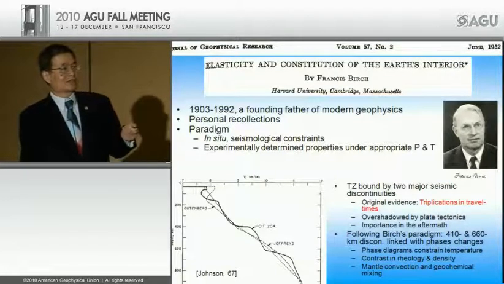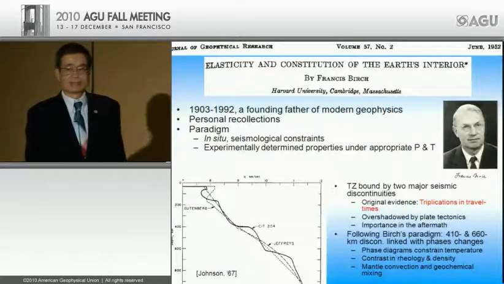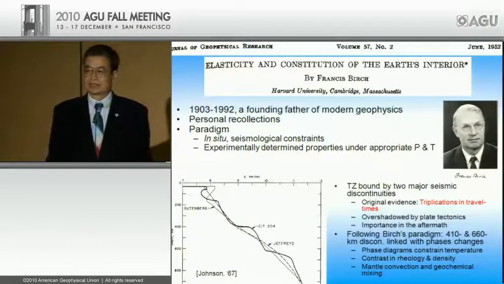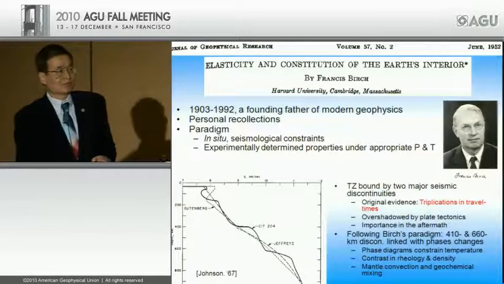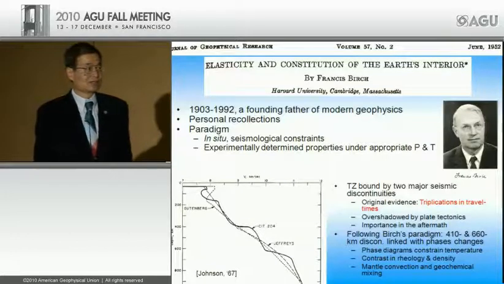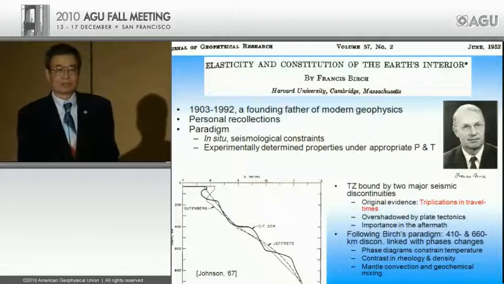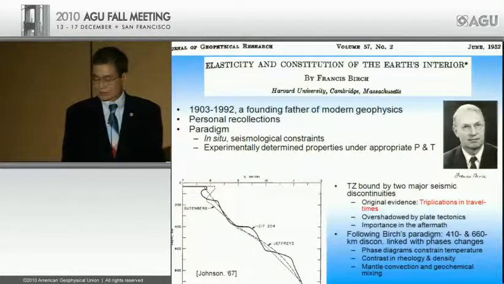In fact, following Birch's paradigm, once this discontinuity is linked with major phase changes, then we have a way of estimating the temperature in the mantle because pressure is easily estimated. Then if we know the phase diagram, we will know the temperature. Now we know that there are actually major contrasts across these discontinuities in both rheology and in density, which in turn have important ramifications for mantle dynamics and for chemical mixing.